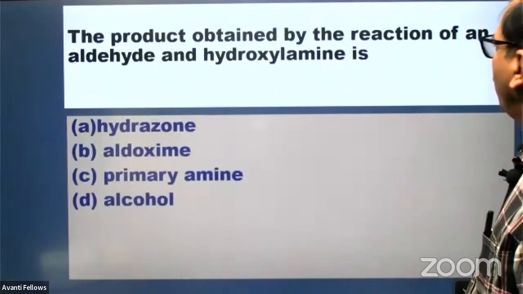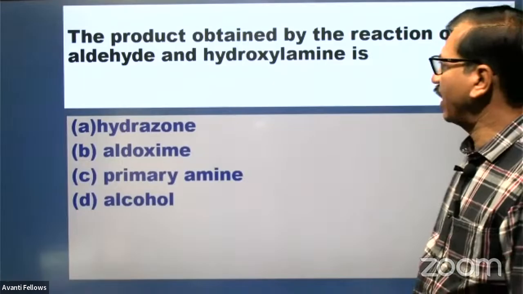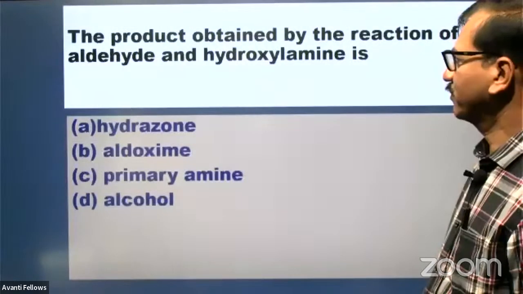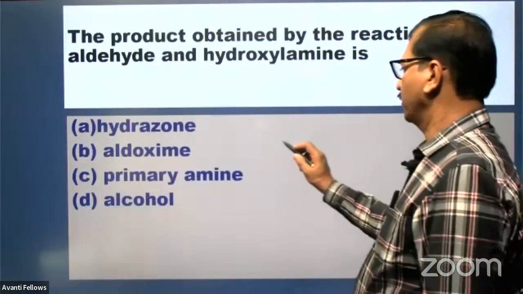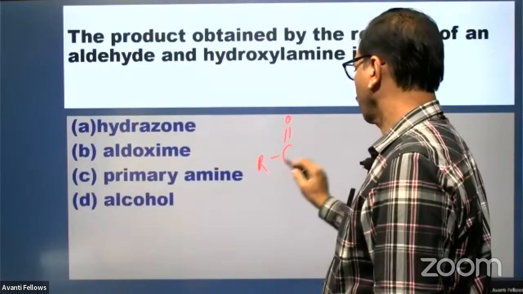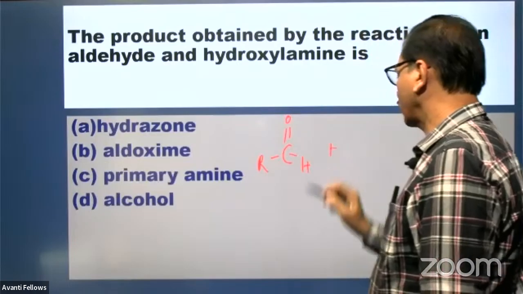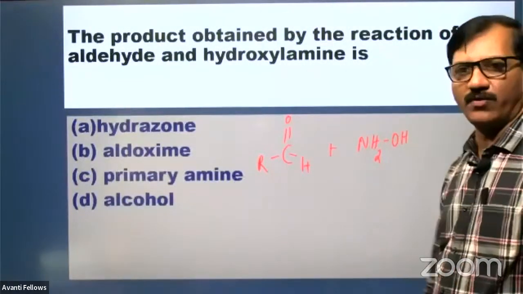The product obtained by the reaction of an aldehyde and hydroxylamine is? Hydroxylamine is NH2OH, a derivative of ammonia.